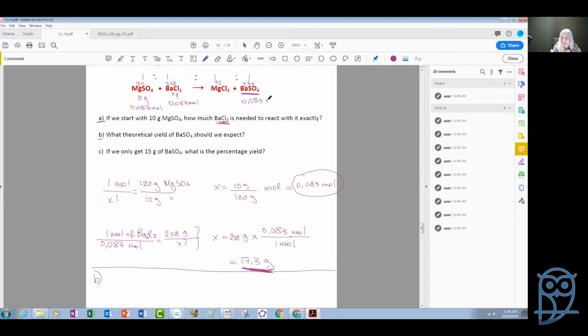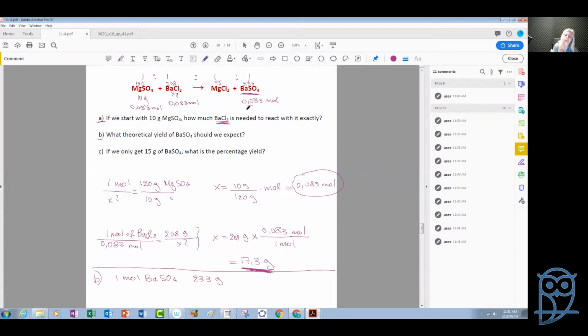We have 0.083 moles of barium sulfate. And if 1 mole of barium sulfate weighs 233 grams, how many grams are the 0.083 moles of barium sulfate? So 1 mole of barium sulfate has a mass of 233 grams.